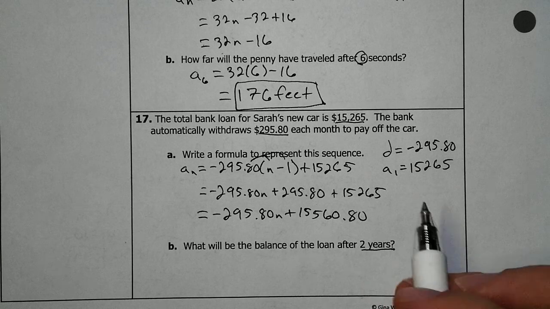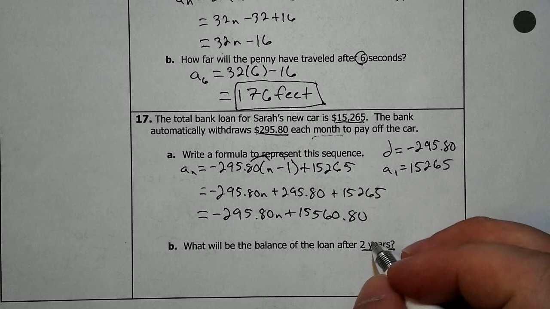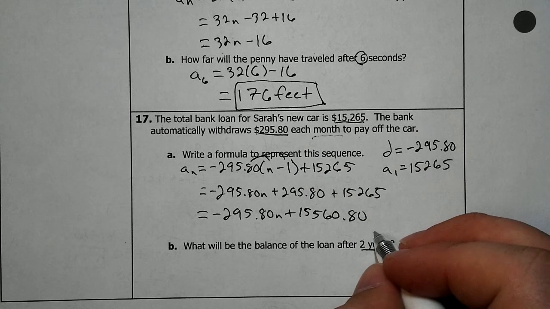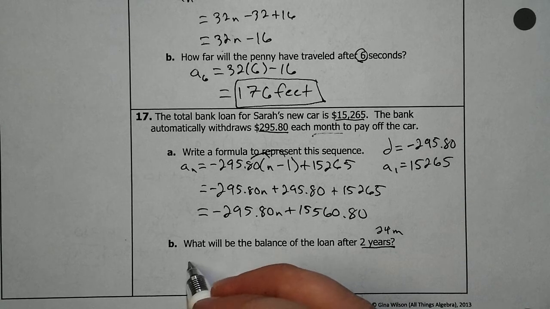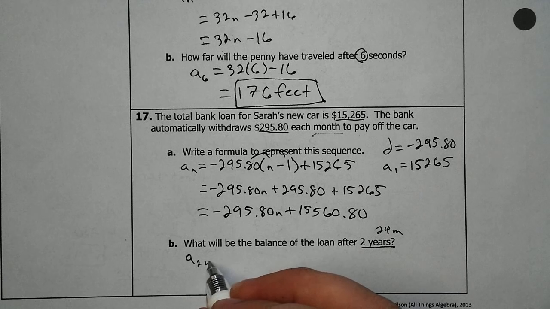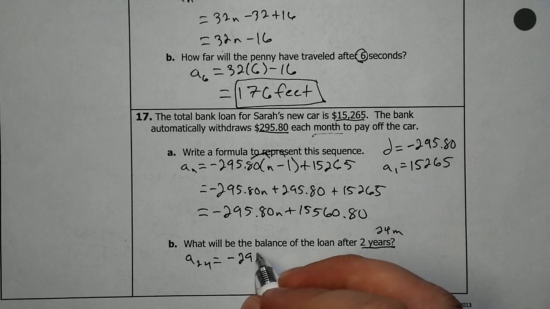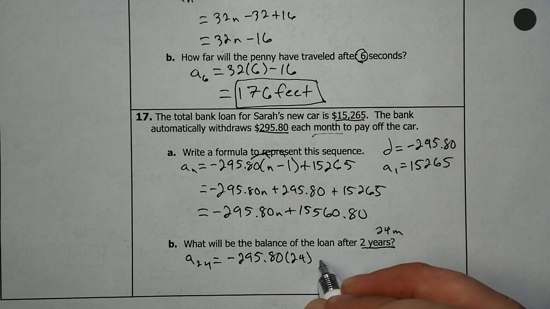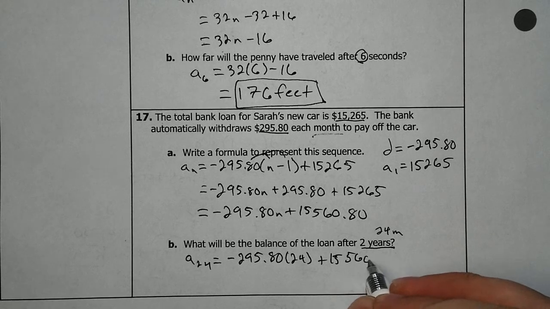Well, think about this. Each month she pays off this amount. In 2 years, how many months is that? Well, 12 months in a year. 2 times 12 is 24. So in 24 months. So we're figuring out a_24. So we'll take negative 295.80, multiply it by 24, and then add 15,560.80.